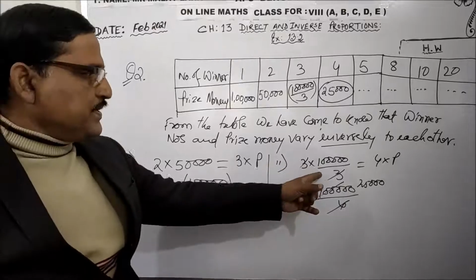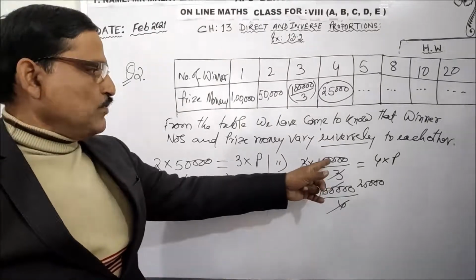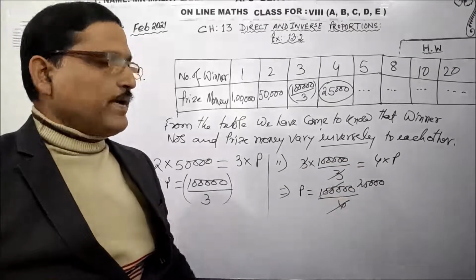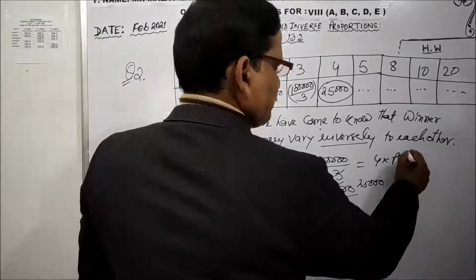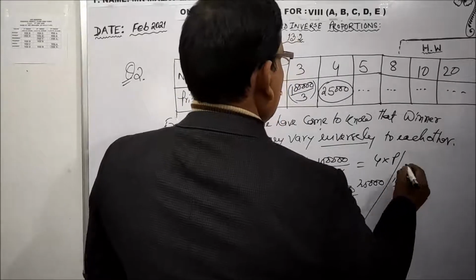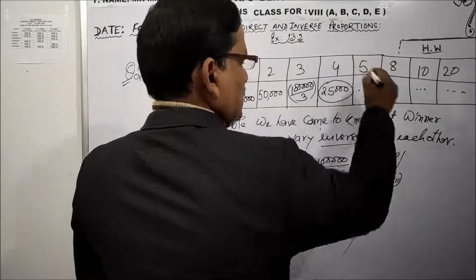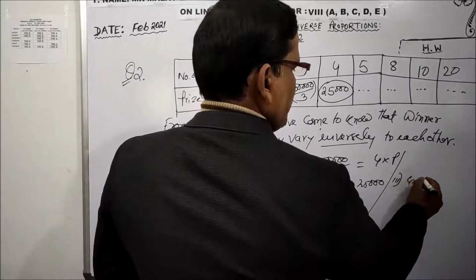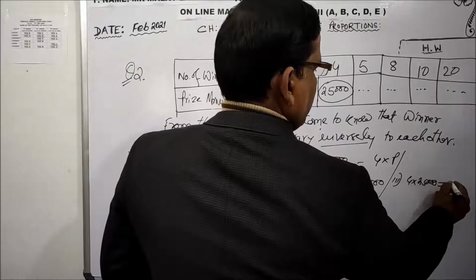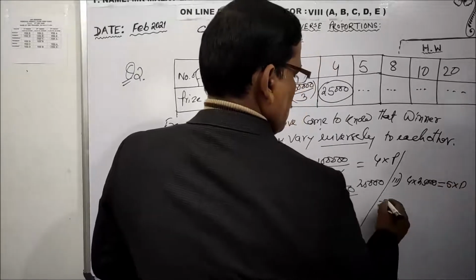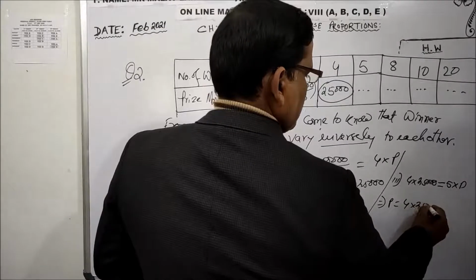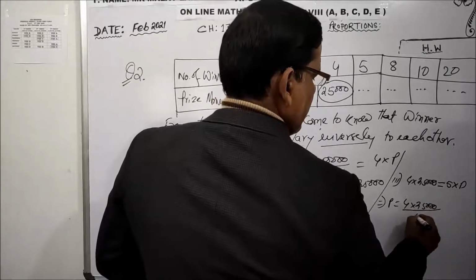Got the idea? When the fraction is written, these two parts get cancelled. That means 1 lakh is left. P equals 1 lakh divided by 4. I am getting 25,000. Clear? Third one, you will take this 4 box. 4 into 25,000 equals 5 into P, or P equals 4 into 25,000 by 5.